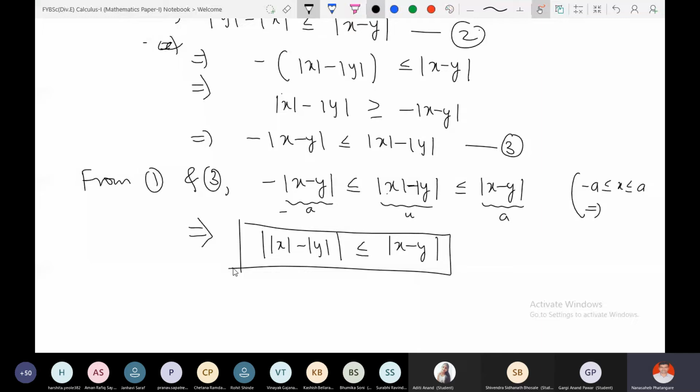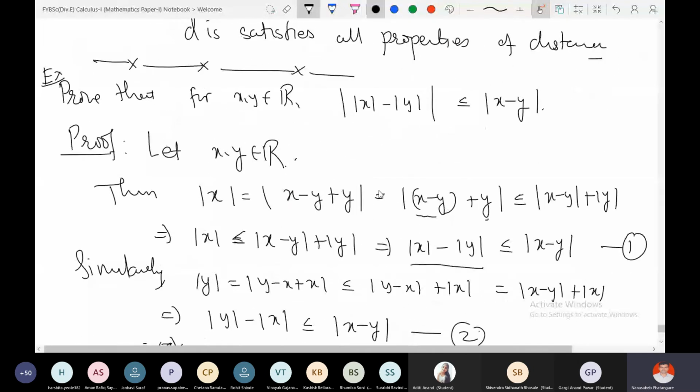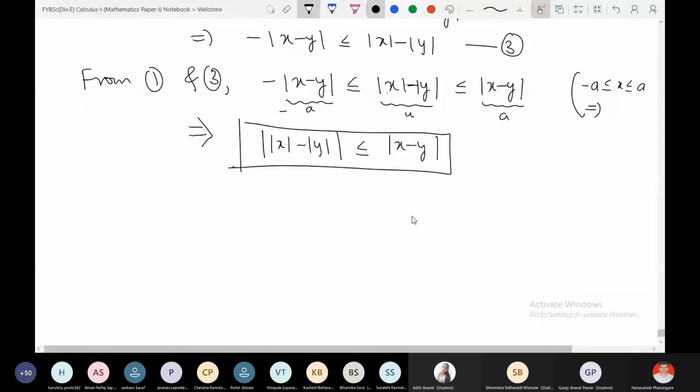And again, this inequality is also useful for several purposes. So we need this for further use. So this is one more important inequality about this. Now we'll see some applications. Applications means some problems where we need absolute value.